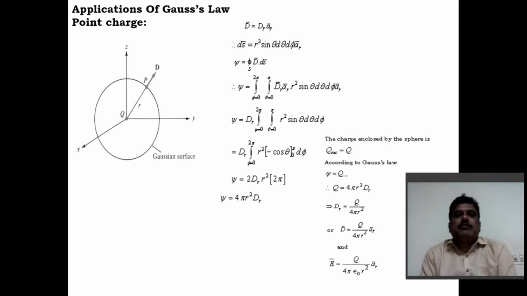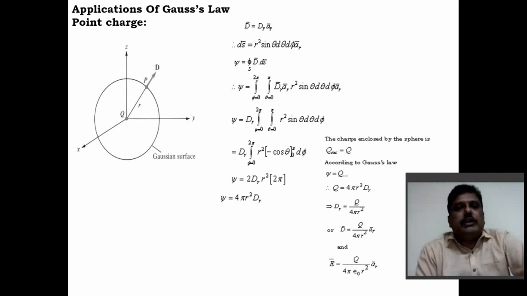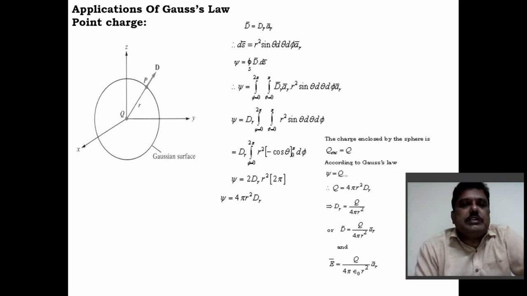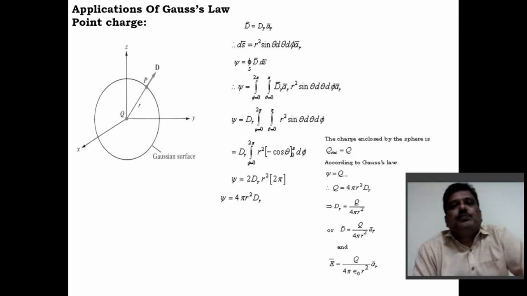Once we get the electric flux density, from it we can always find the electric field intensity. So join the point P. P is on the Gaussian surface, which is at a distance small r from the point charge Q.